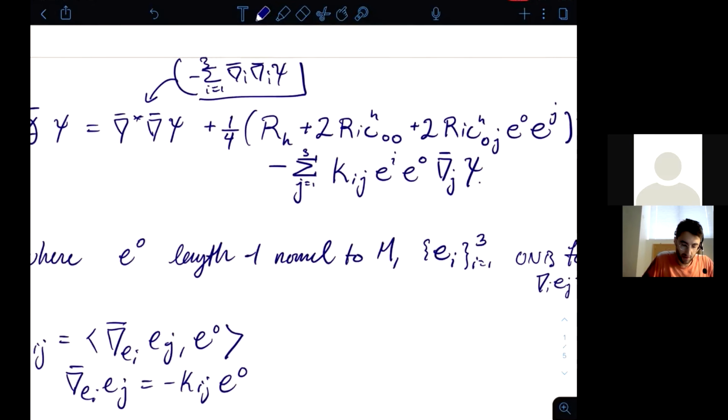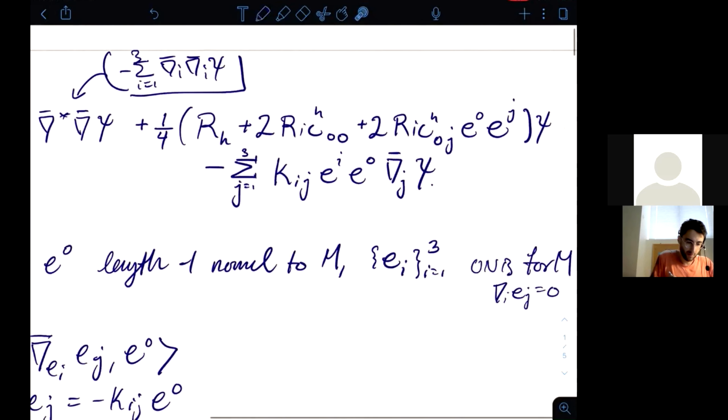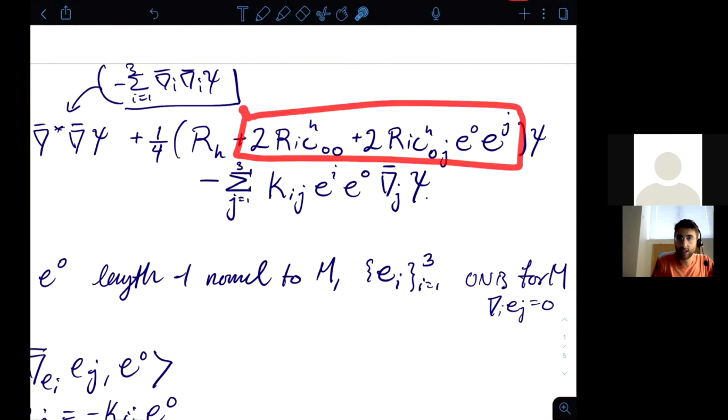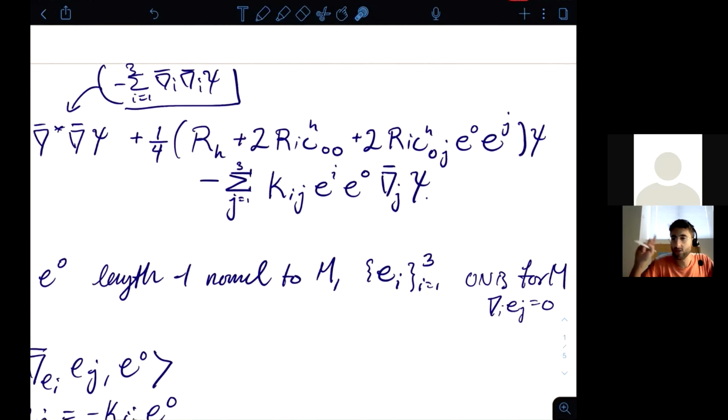And then you have the curvature term, which is the interesting one here. It will be controlled by the dominant energy condition, but geometrically speaking, it's this: 1/4 times the scalar curvature of the Lorentzian manifold, plus Ricci curvature in the 0,0 direction, so the time direction off of the slice into N, and then plus some portion of the Ricci tensor, mixed terms. Here j is ranging from 1 to 3, just the space directions.